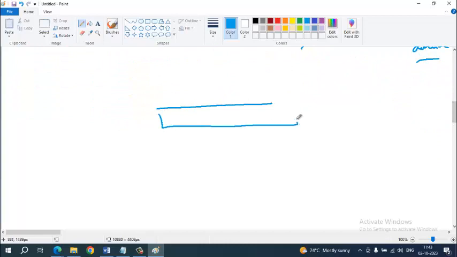When you see a bridge, you will have a chip on each port, which is not there in a hub.